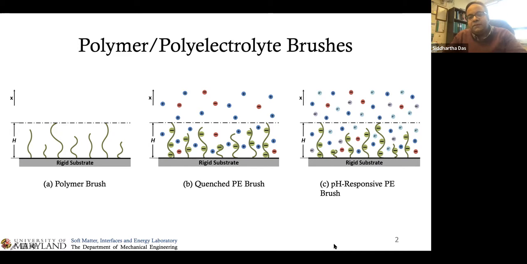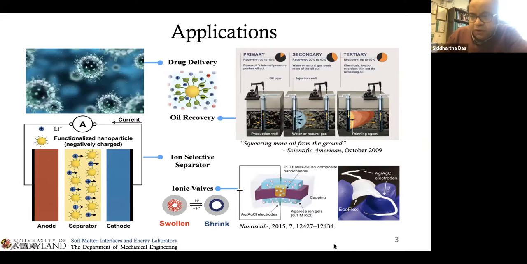Now, where are such brushes important? These polyelectrolyte and polymer brushes are omnipresent in a wide variety of applications. For example, nanoparticles are often designed with this kind of polyelectrolyte brushes. Another example is a nanopore, which has its internal walls grafted with this kind of polyelectrolyte brushes.